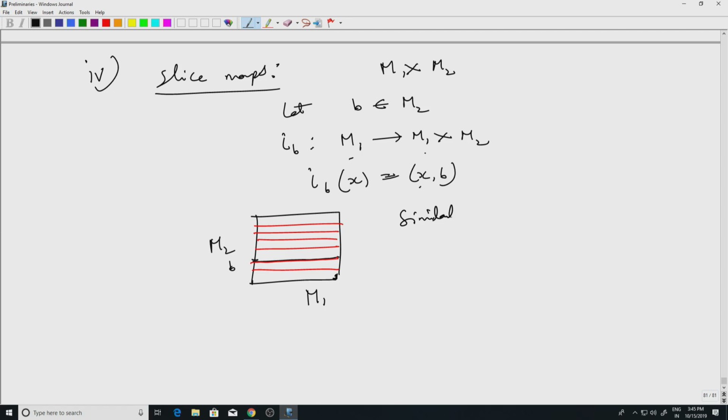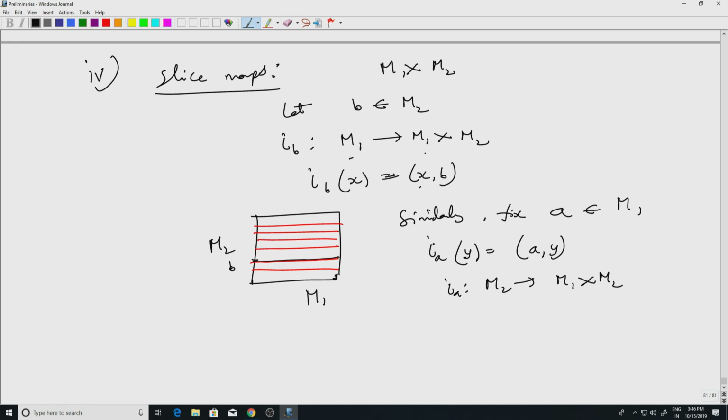Similarly, fix A in M1 and define IA of Y to be A comma Y. This IA is a map from M2 to M1 cross M2. It just puts M2 inside this product.